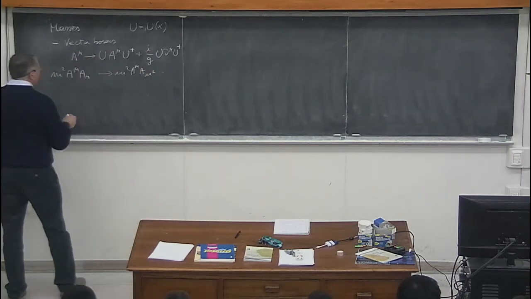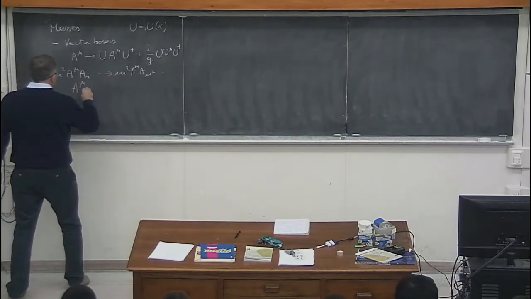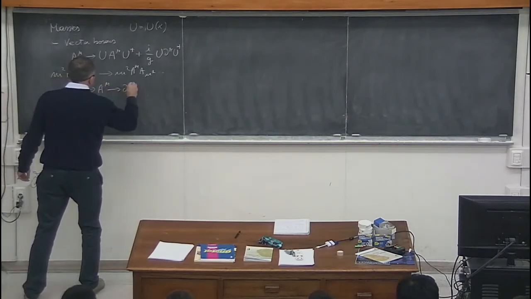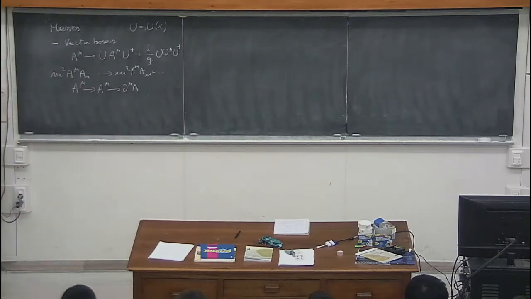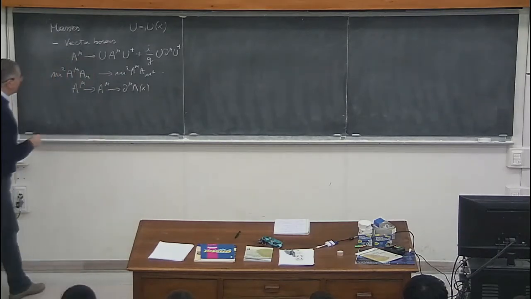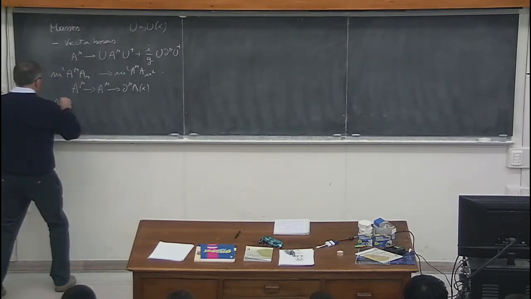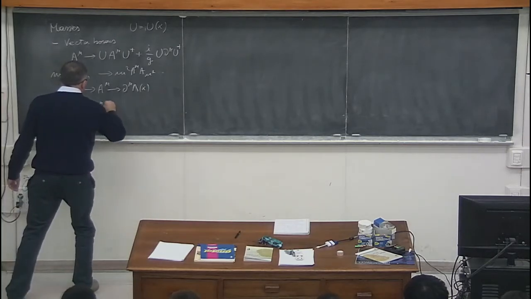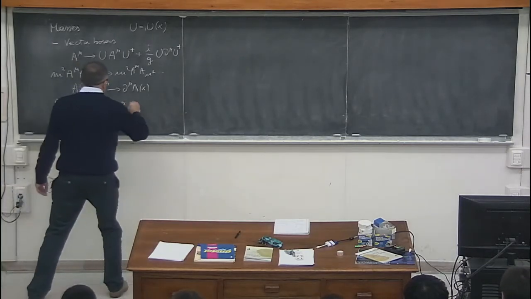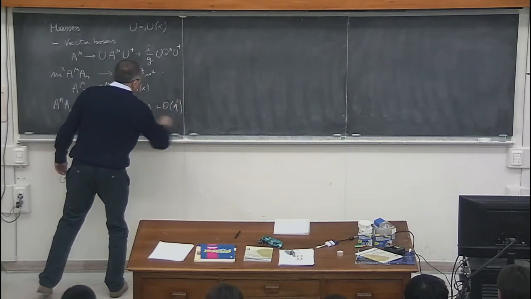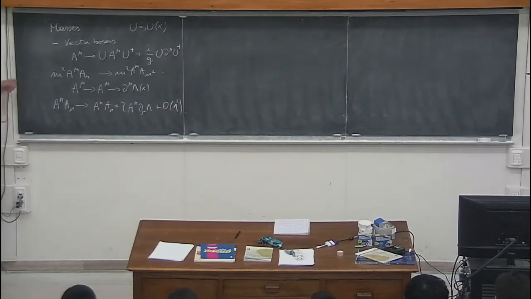This is easily seen in the abelian case, where A_mu goes into A_mu plus the divergence of a scalar function, the parameter of the transformation, which means that A_mu A^mu goes into A_mu A^mu plus twice A^mu d_mu lambda plus terms of order lambda squared. So a mass term is forbidden by gauge invariance. There is no way out.